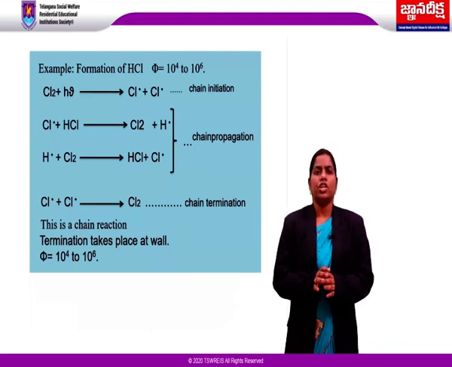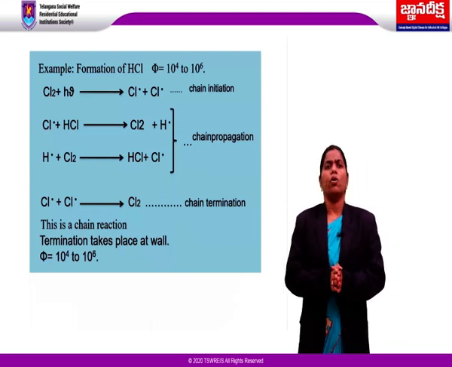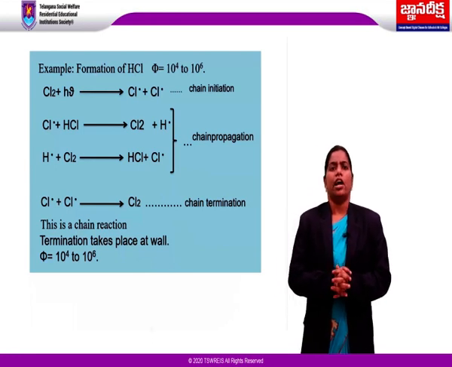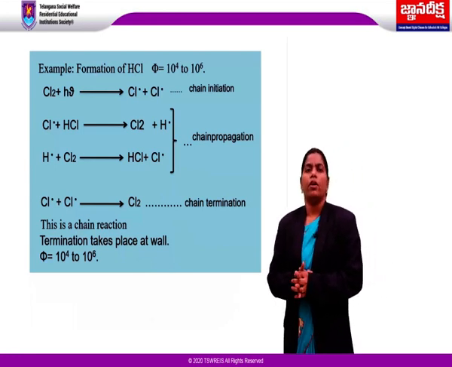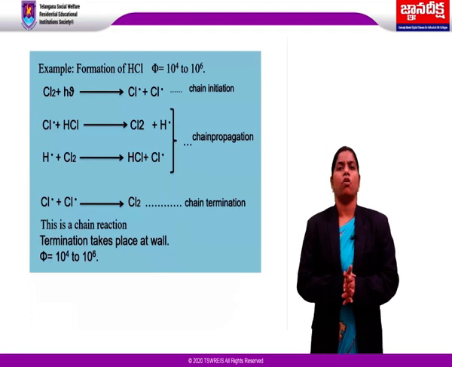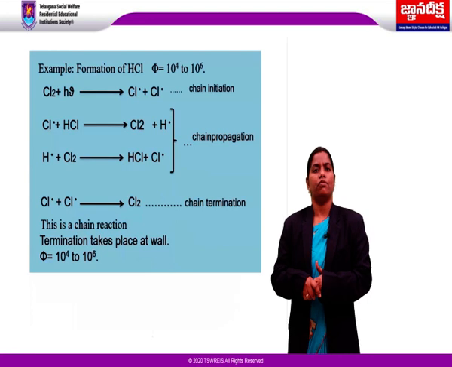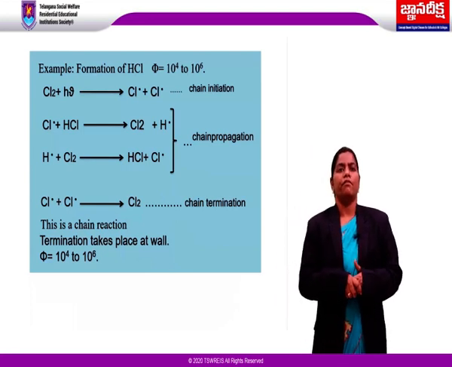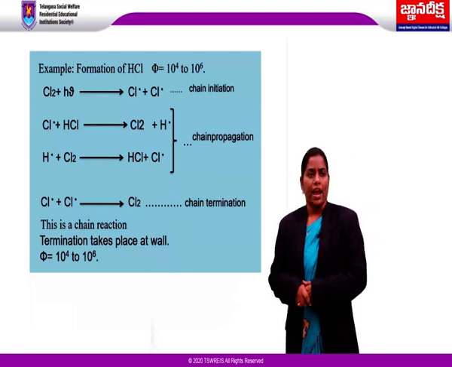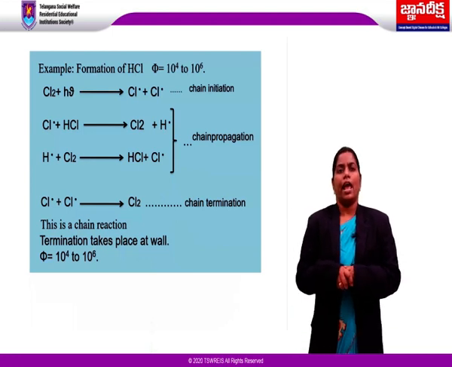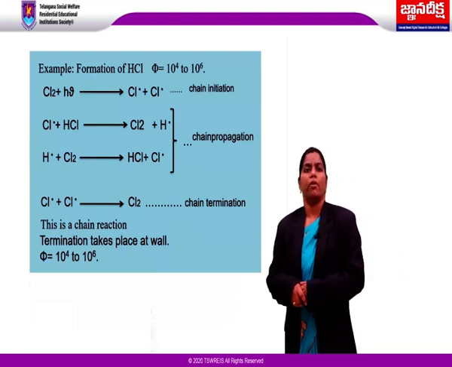Initially, chlorine in the presence of light undergoes dissociation into chlorine radicals. This is called the chain initiation step. The chlorine radicals formed in the chain initiation step further react with hydrogen and enable the chain to propagate.